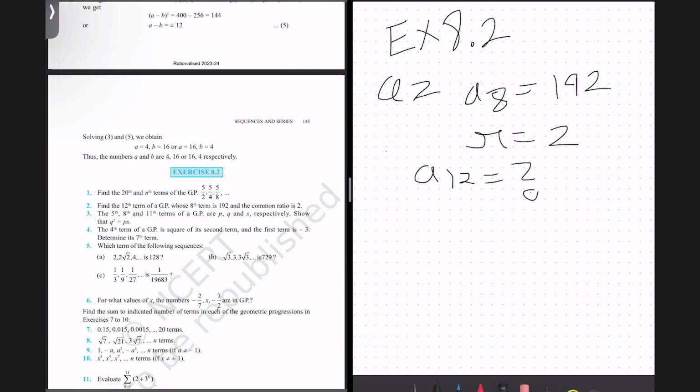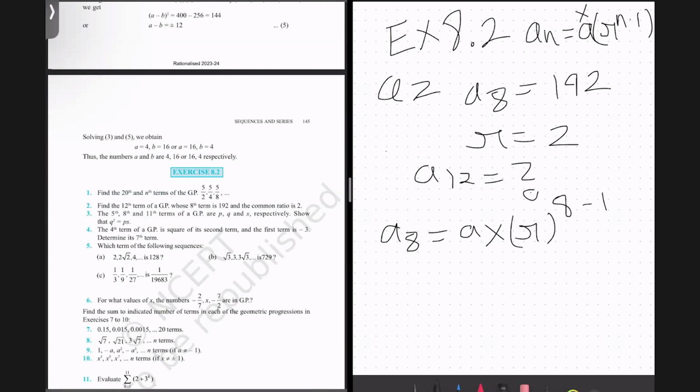In any GP, as you know, a term can be described by the relation A of n equals A r to the power n minus 1. So A of 8 would be A into r to the power 8 minus 1. The common ratio has already been given to us as 2.